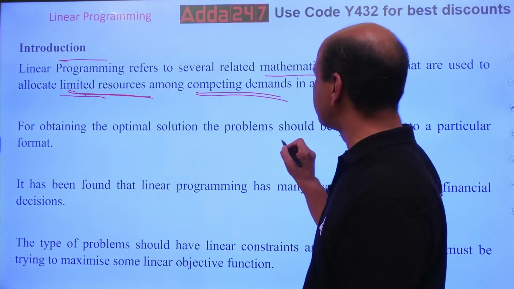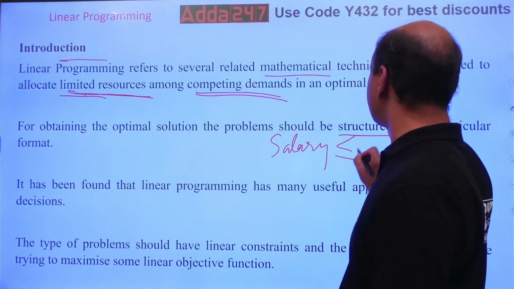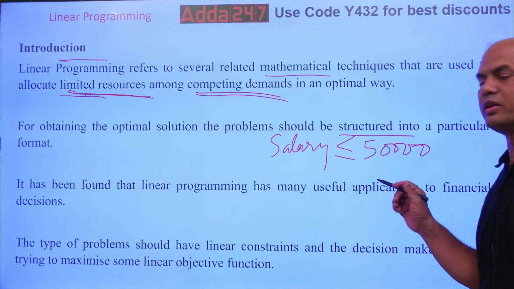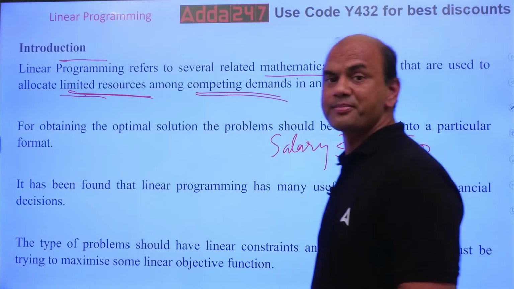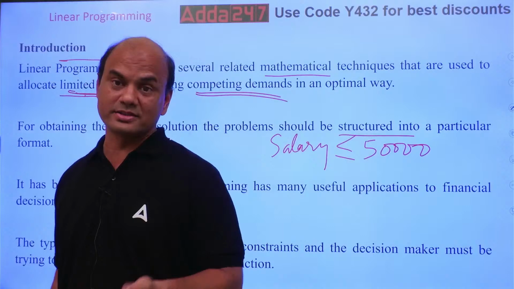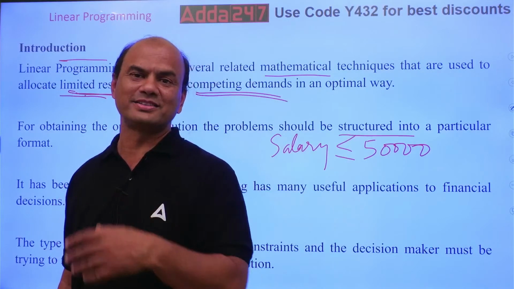The equation becomes salary less than or equal to 50,000, isn't it? So you are able to convert everything in the form of equations. Okay, my production time should not be more than 8 hours. So production time less than or equal to 8 hours. Equation.